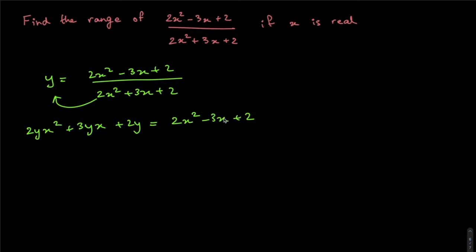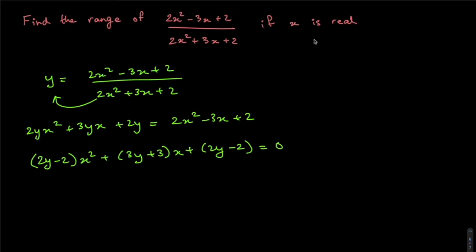Now I'm going to get all the x squared together, all the x's together, and all the constants together. So when I do that, what I get is (2y minus 2)x squared plus (3y plus 3)x, and then plus (2y minus 2) is equal to 0.